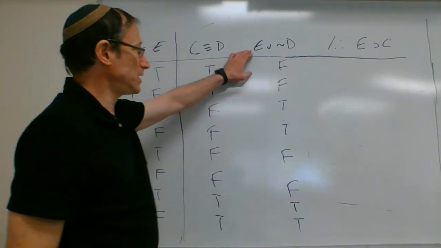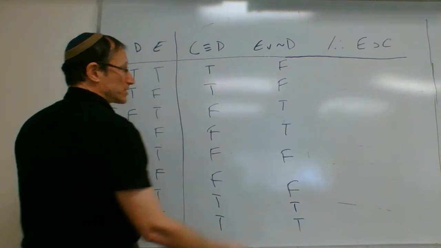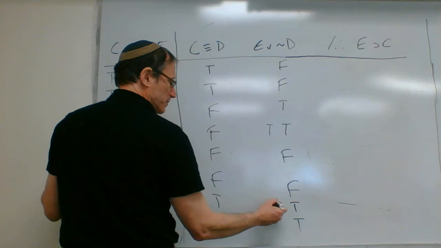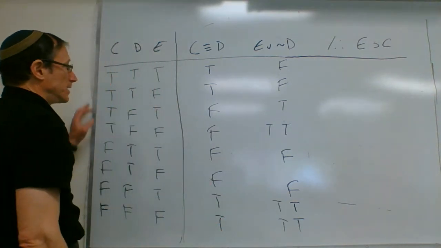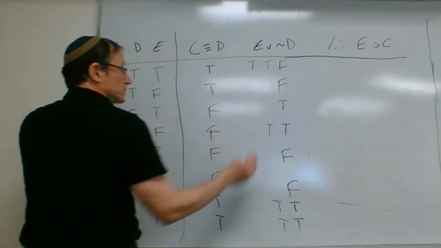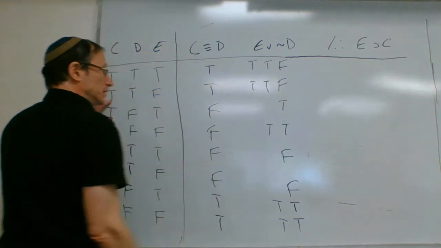Now I need to do E wedge not D. I know it's going to be true here because this is true. I know it's going to be true here because this is true. This is true. All right, but E is true on this row, so that means this is going to be true. This is going to be true.